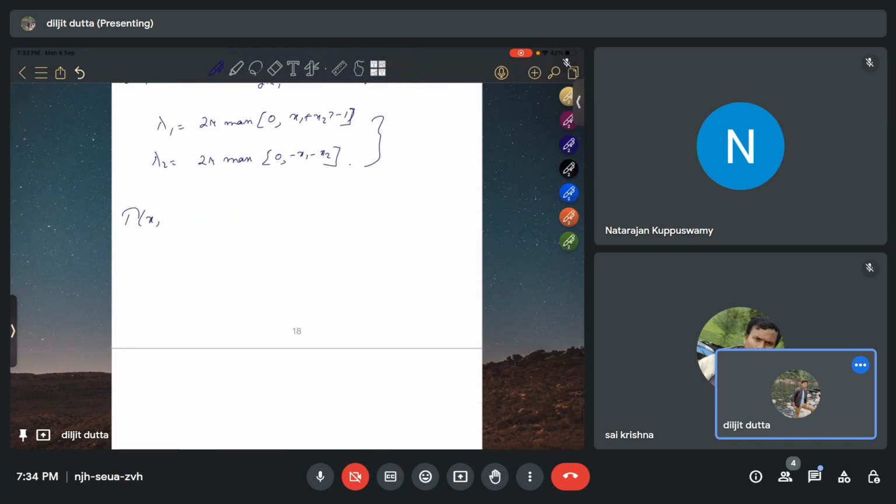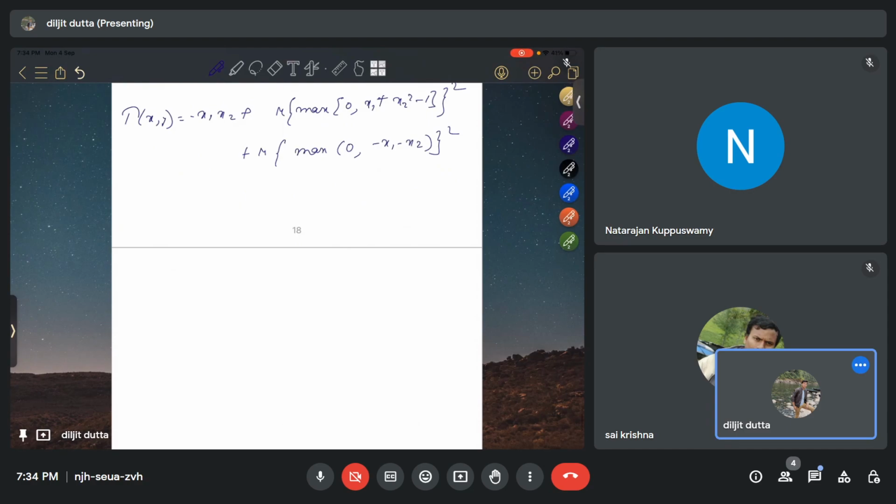T of x comma y is minus x1 x2 plus r into maximum of 0 comma x1 plus x2 square minus 1 whole square, plus r into maximum of 0 comma minus x1 minus x2 whole square, right? This is the t function.